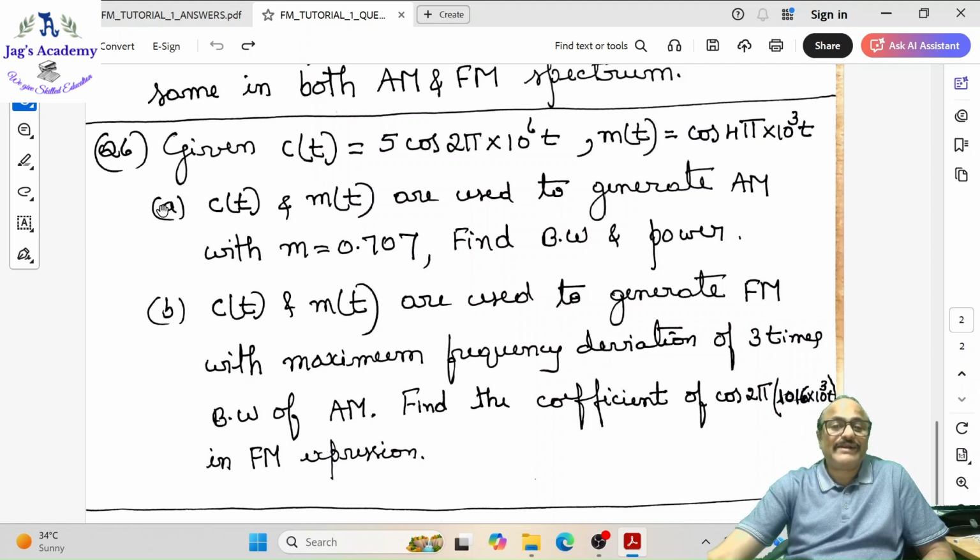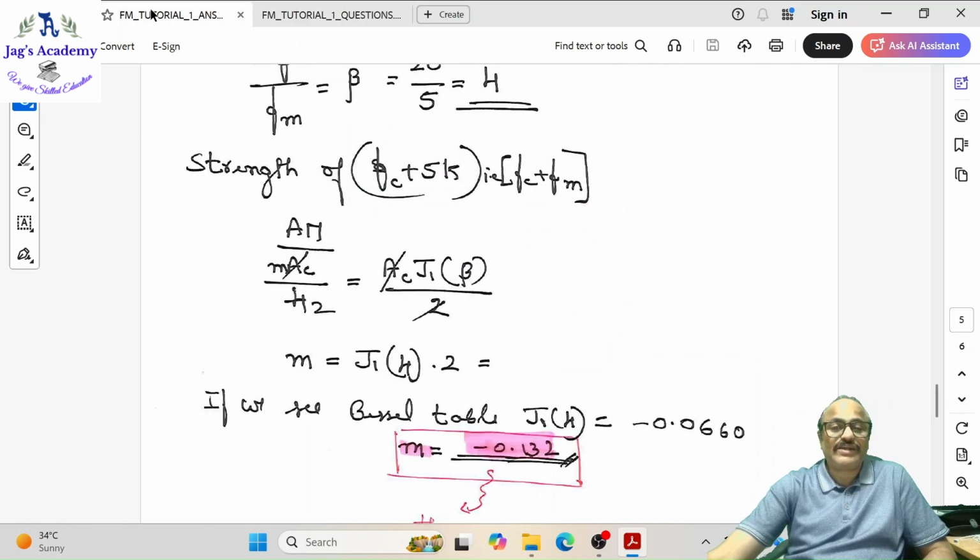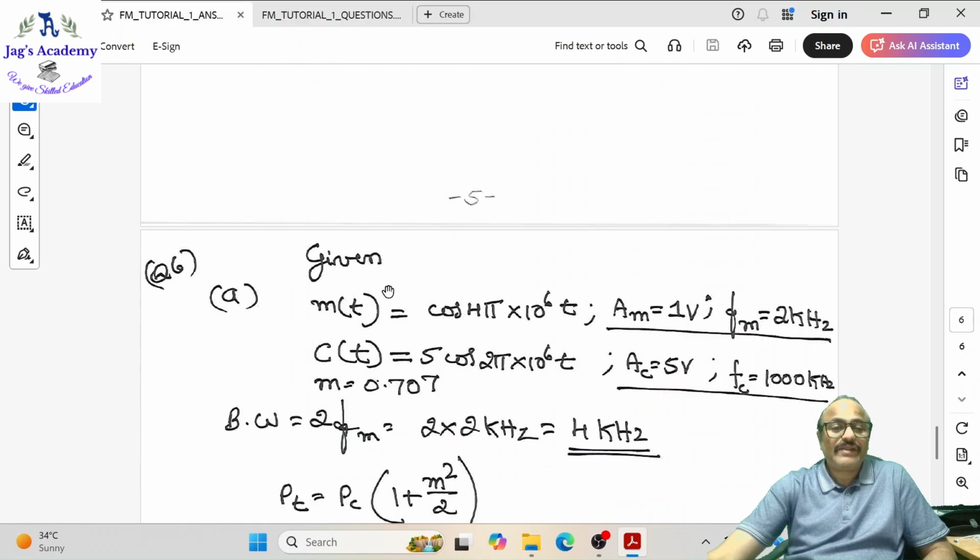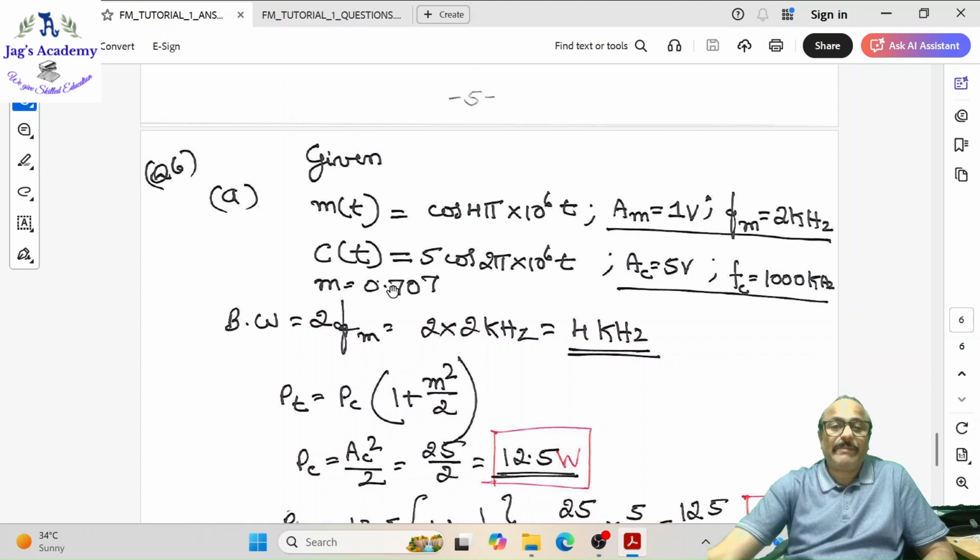Okay, the answer for the A part is direct. Let us see the solution here. Now see here, A part, m of t is equal to cos 4 pi into 10 to the power of 3 t. That means Am is given as 1 volt here. fm is actually equal to 2 kilohertz. Right?